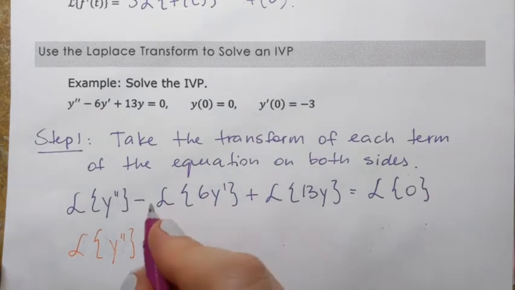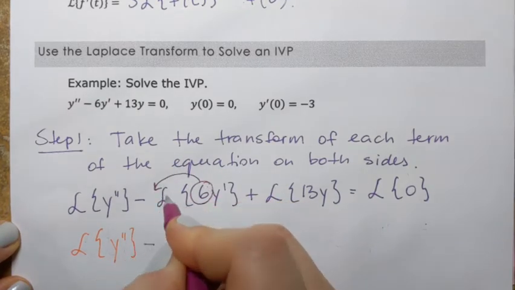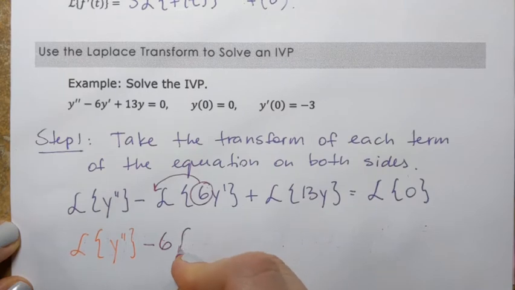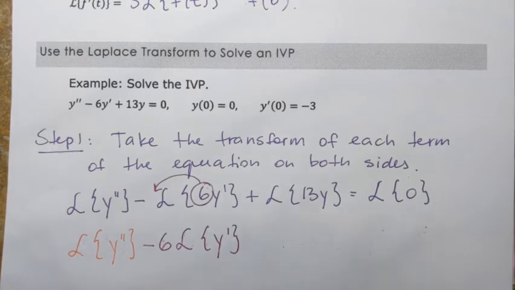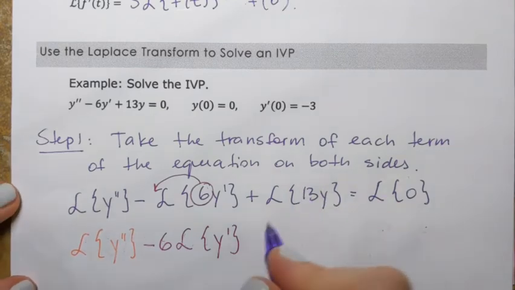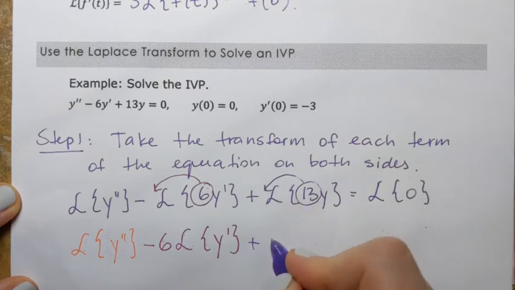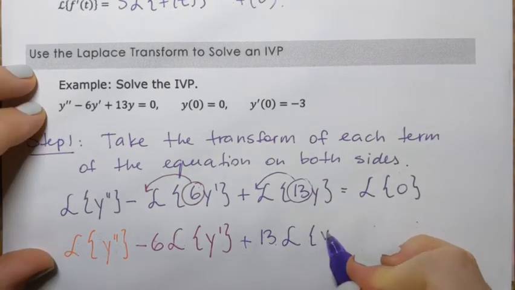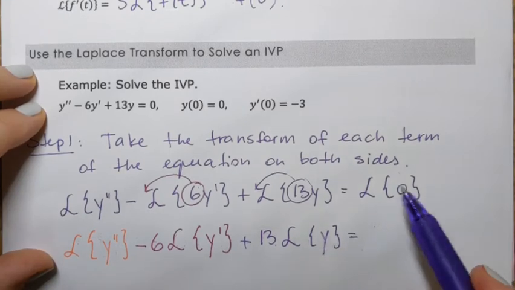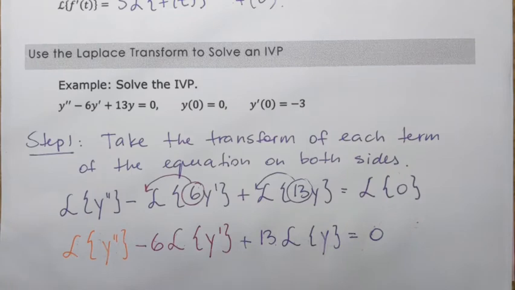Then minus, okay, so that coefficient 6 I'm placing in the front, so that's going to be minus 6 times the Laplace transform of y prime, and then plus, again, this coefficient 13 I'm placing in the front, so plus 13 times the Laplace transform of y, and the Laplace transform of 0 is 0, so the right-hand side is 0, like that.